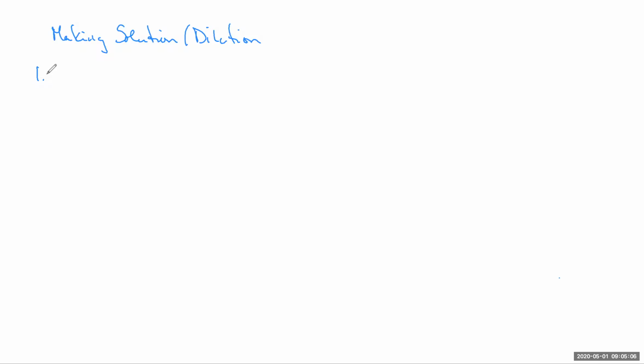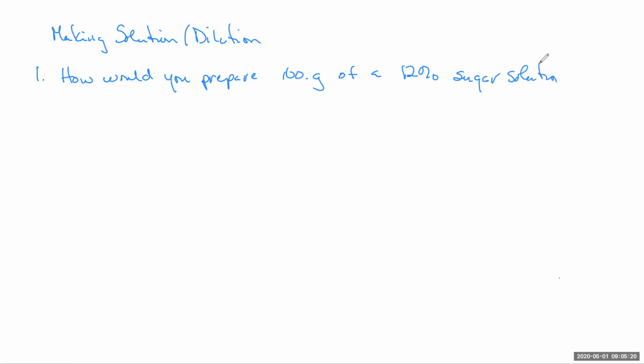So if we were starting out and I asked you, how would you prepare 100 grams of a 12% sugar solution? I should say 12% mass to mass, right? How would you prepare 100 grams of a 12% mass to mass sugar solution?